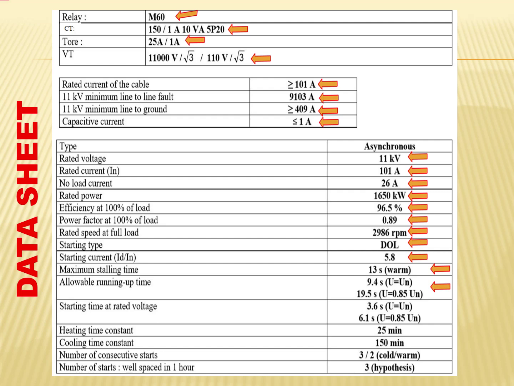While if the terminal voltage is equal to 0.85 of the nominal voltage, our allowable run-up time will be 19.5 seconds. For the starting time, when the terminal voltage is equal to the nominal voltage, our starting time will be 3.6 seconds.